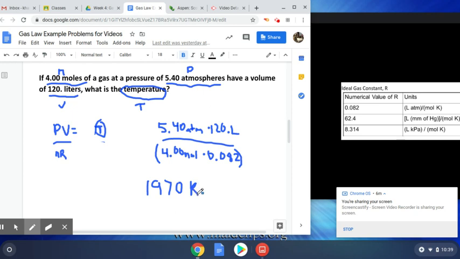I'm going to double check that. Yep. So it comes out to 1973.2 and so on. I did 1970 for SigFix because all of the givens have 3. Again, like I said in the last video, we're not going to be too picky about that.